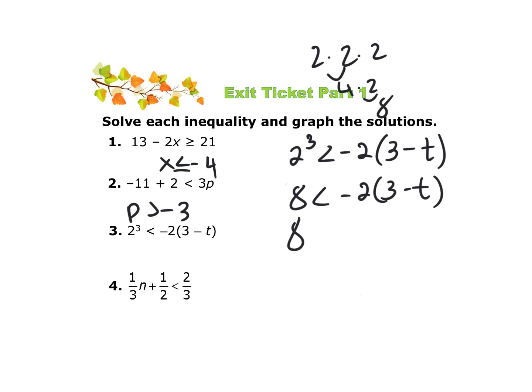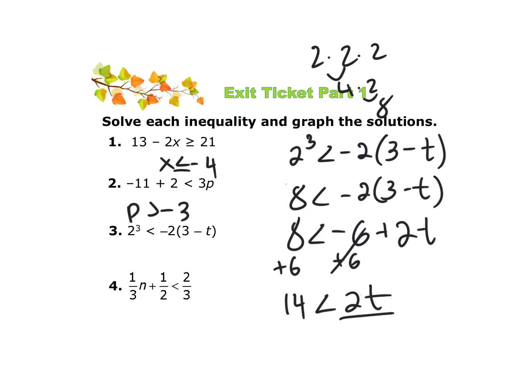Sorry, distribute that negative 2. 8 is less than negative 6 plus 2t. I will then go ahead and add 6 on both sides. So we're going to get 14 is less than 2t. Go ahead and divide both sides by 2. And we're going to get that 7 is less than t.